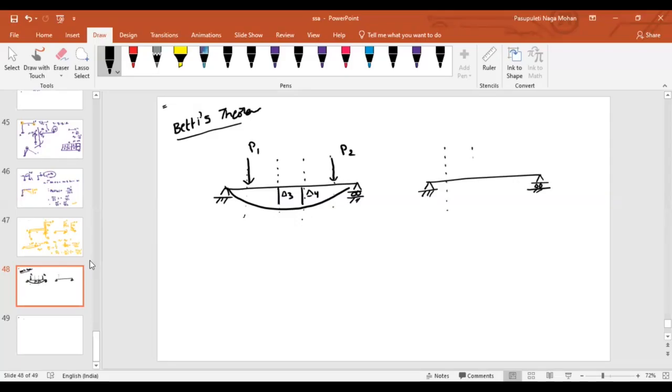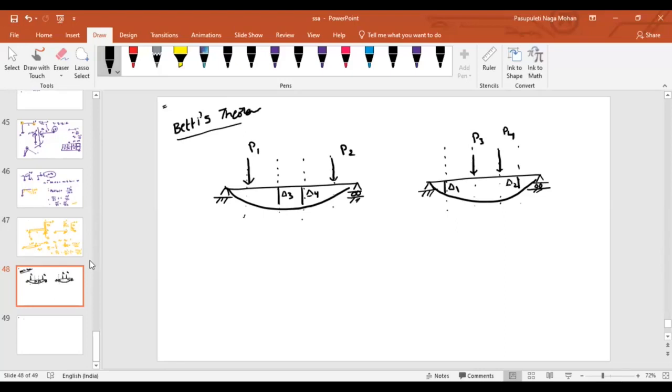In the second case, I apply the forces at sections 3 and 4, let us say P3 and P4. Because of these loads, we find the deflections here: delta 1 and delta 2.